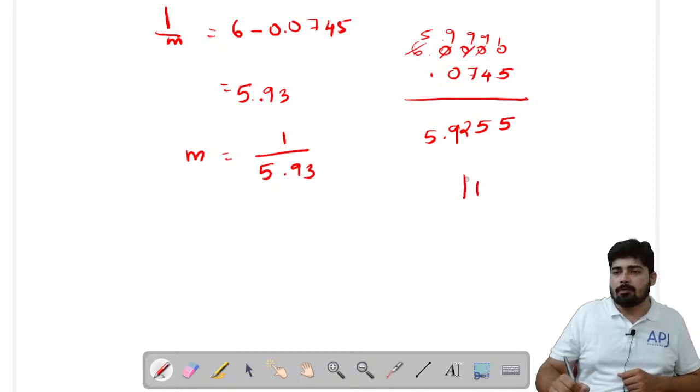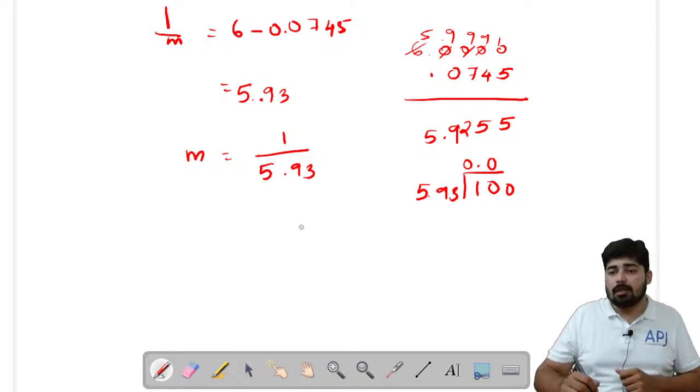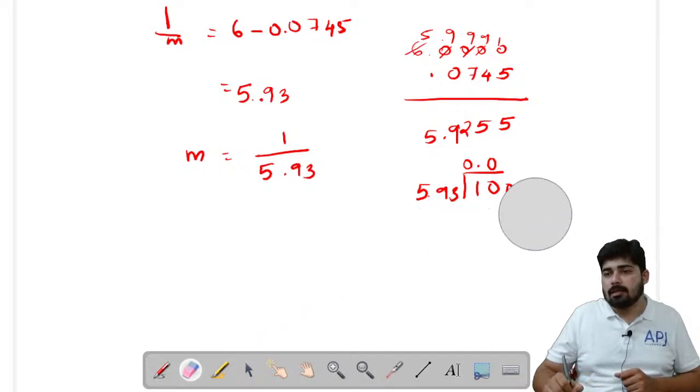So if you calculate 1 divided by 5.93, we put the decimal, it becomes 10, so it goes 1 time, and with 5.93 we will get nearly 4 point something.